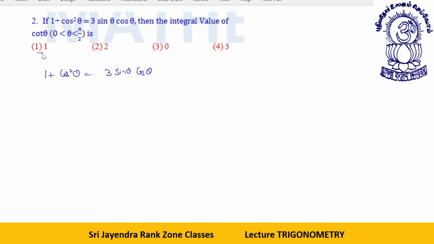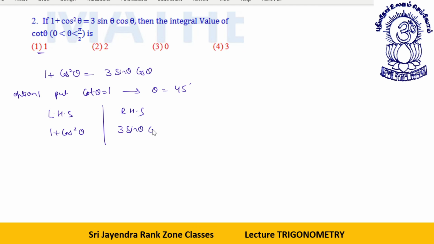See, let's try first option 1. Put cot theta is equal to 1. This implies theta is equal to 45 degrees. We have left hand side as 1 plus cos square theta, and right hand side as 3 sin theta into cos theta.